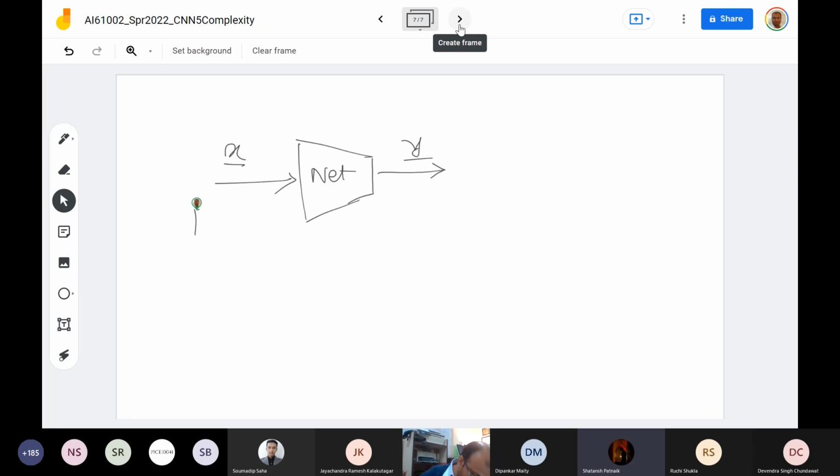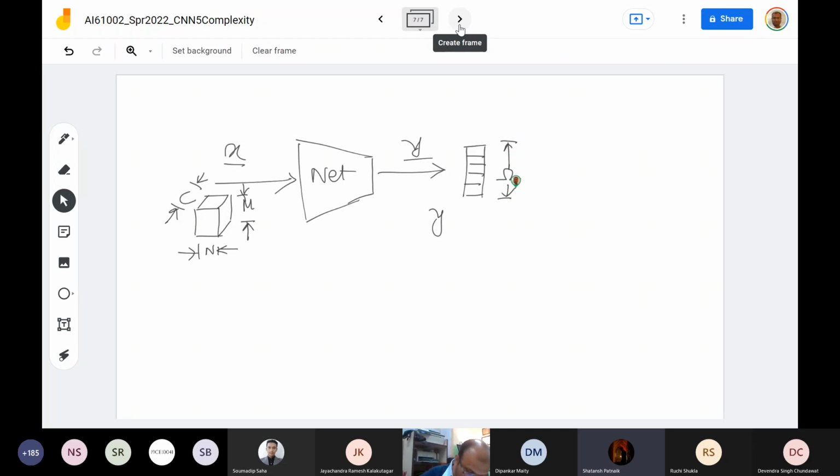My input is essentially a 3D tensor over here, where I have my number of columns, which is N, number of rows, which is M, and number of channels, which is C. And then comes my output over here, equal to capital omega, number of classes.